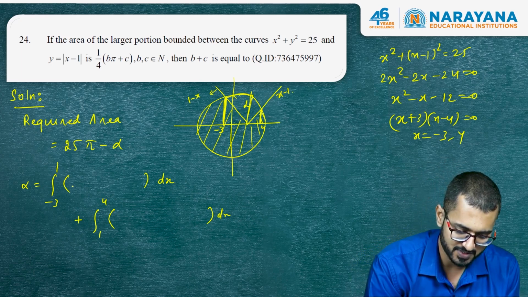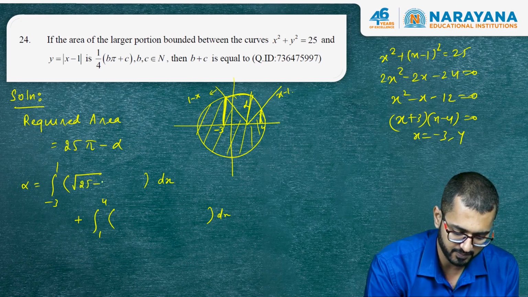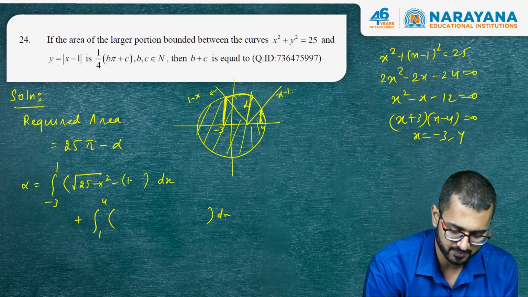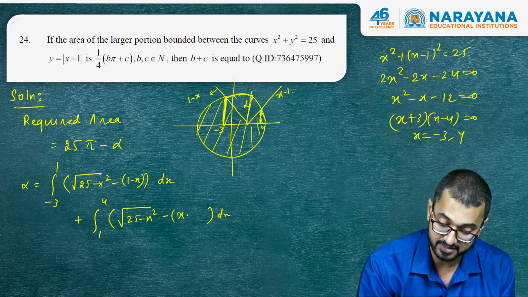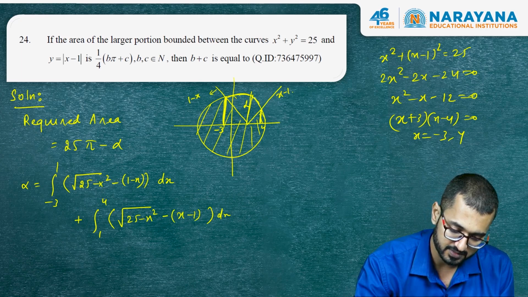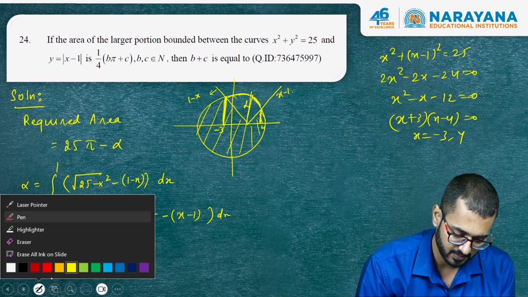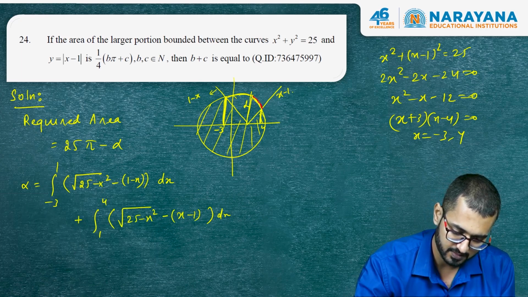So the upper curve is going to be the circle, root of 25 minus x square, minus lower curve 1 minus x. And here the upper curve is again the circle, 25 minus x square, but the lower curve is x minus 1 this time. Upper curve is the circle here in this region, and lower curve is my line.